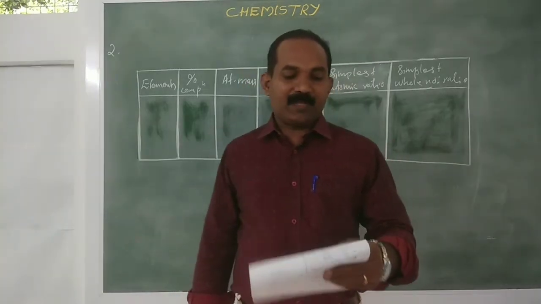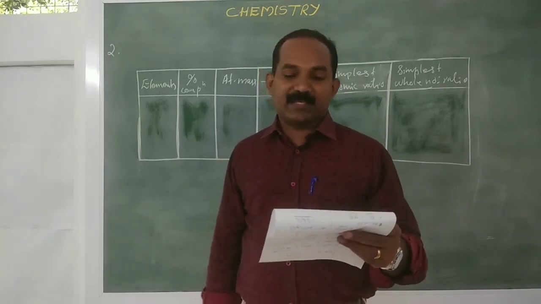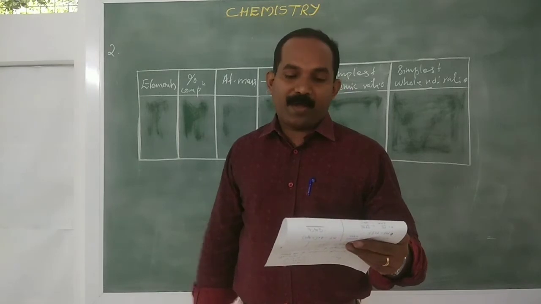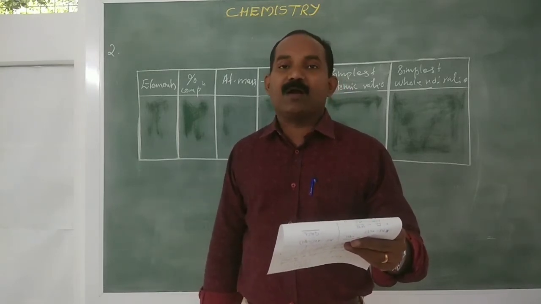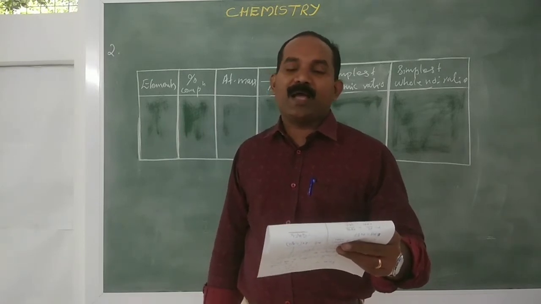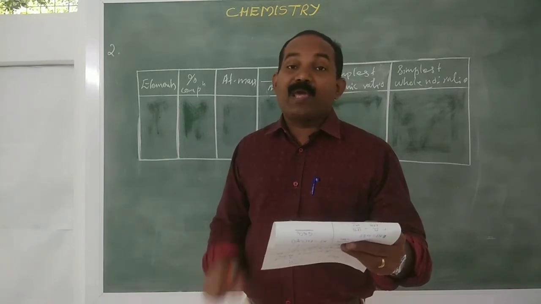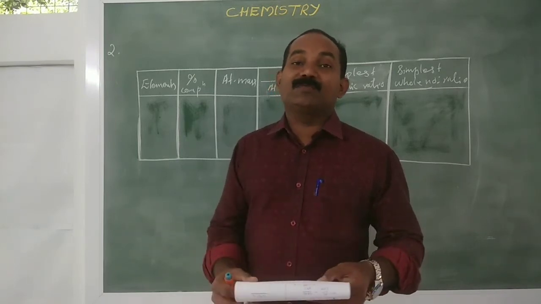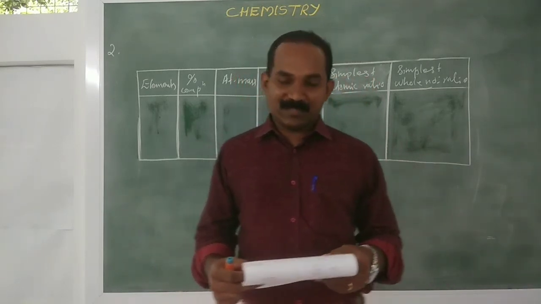The third problem: an organic compound contains 61% carbon, 11.8% hydrogen, and the rest oxygen. Calculate the empirical formula and molecular formula of the compound. The vapor density of the compound is 59. This problem is based on vapor density.